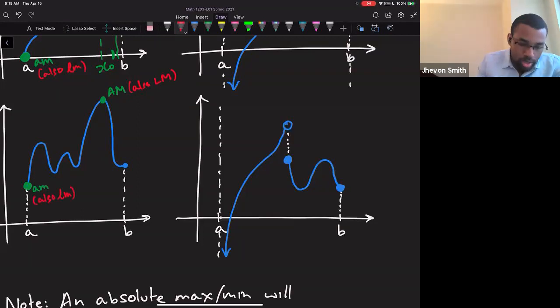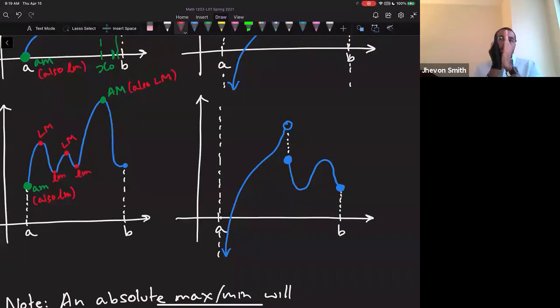But this one also has other local extrema. If you look here, that part is a local max. This part is a local max, right? This part here is a local min. This part here is a local min.